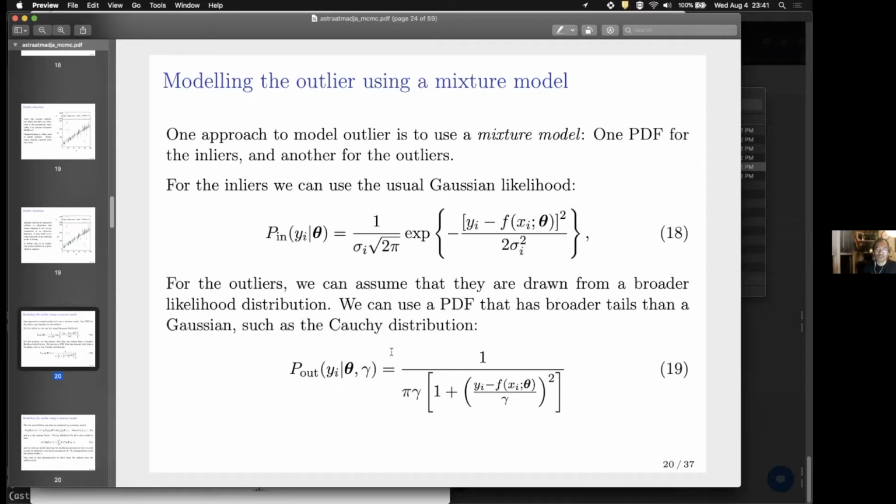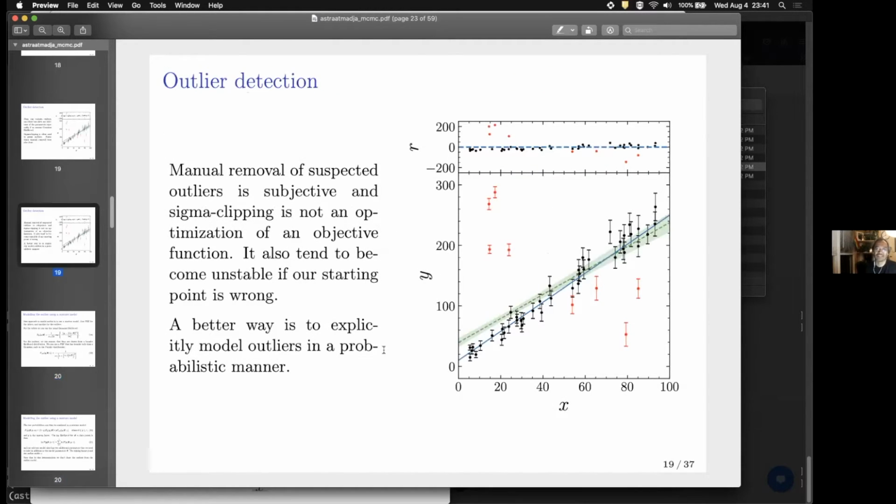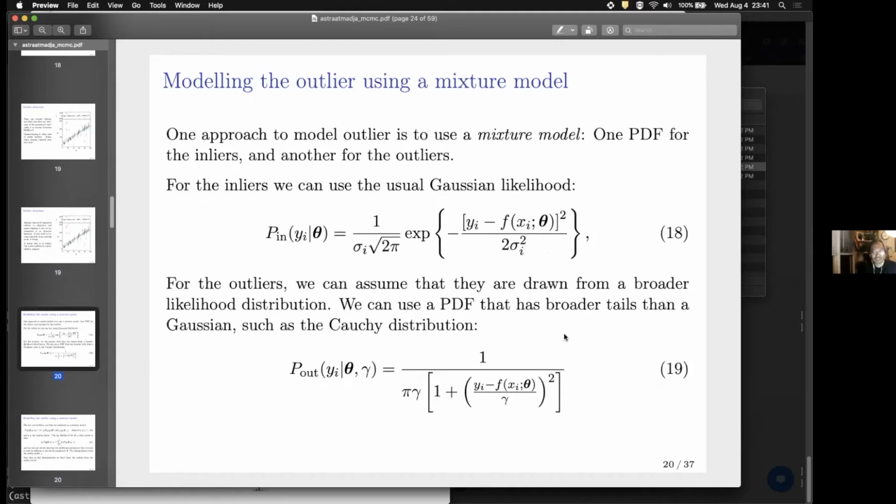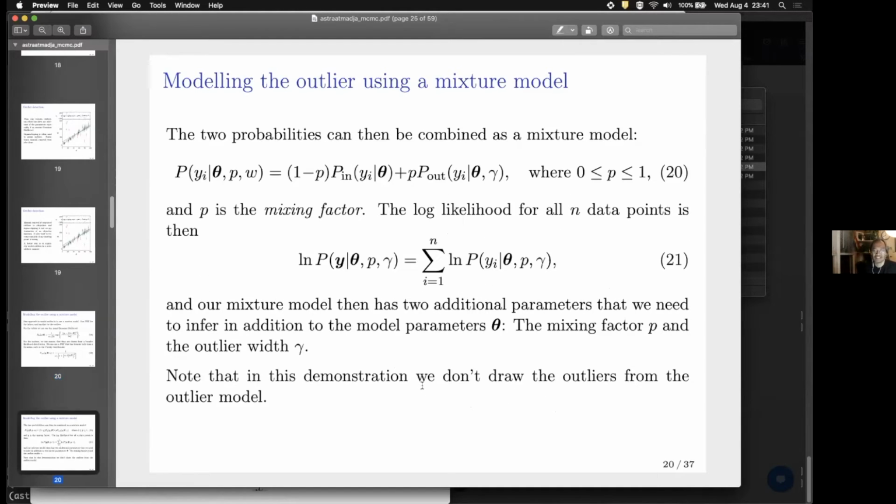I just want to make a note that the outliers I've drawn here are not drawn from the Cauchy distribution. They're drawn from another distribution, so we're not cheating. We use something else to generate the outliers, but try to figure them out using a different distribution, to see that it's okay, because we don't know what the underlying distribution is. We can only assume.